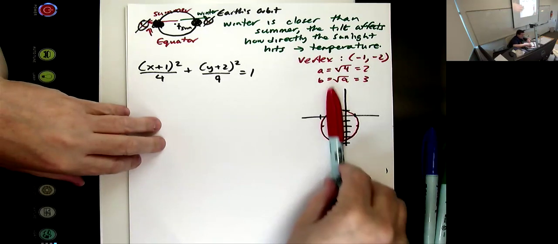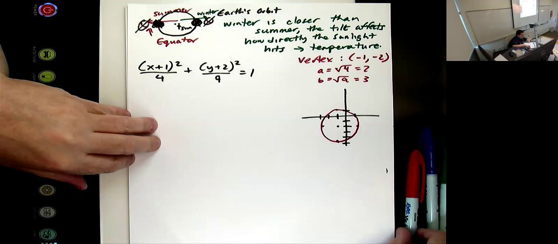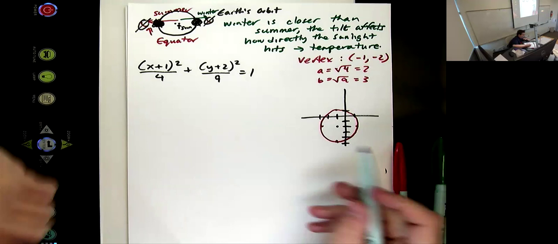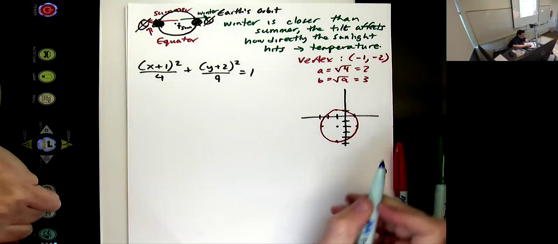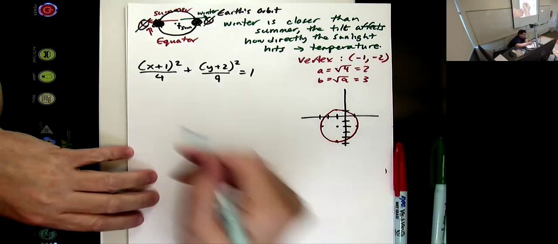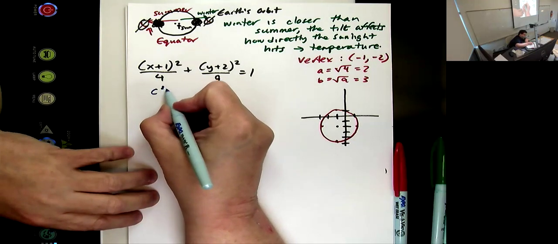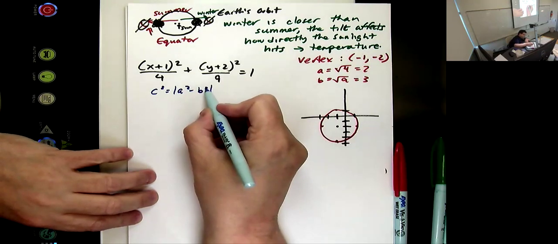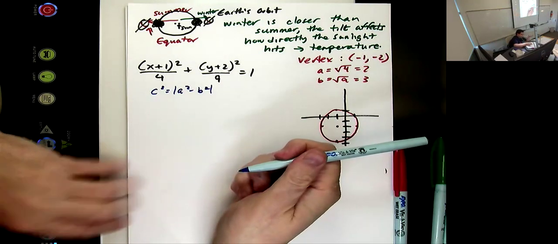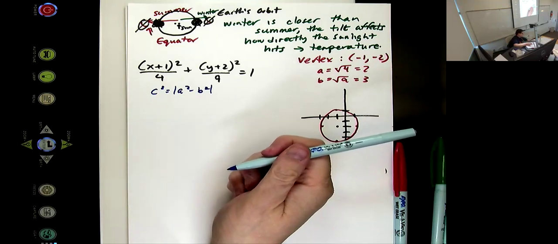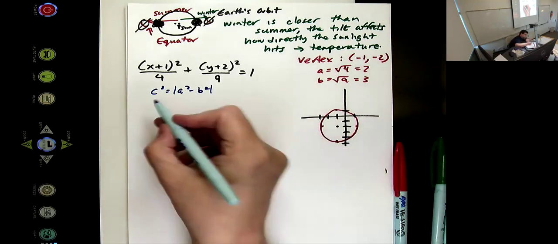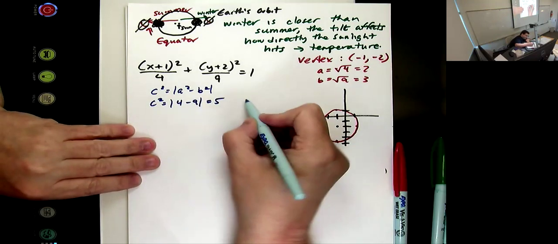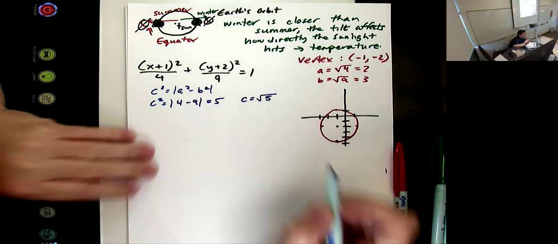My focal points should be up and down c from the center. I don't want to sketch them yet because I don't know what they are. I need to find c first. So for an ellipse, c squared equals the absolute value of a squared minus b squared. So c equals the square root of 5.